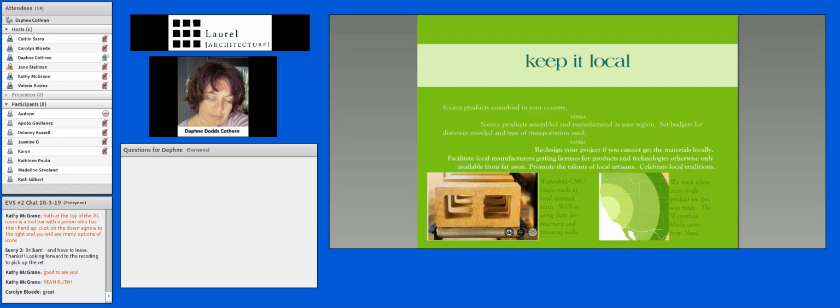One of the other really important aspects of using a certification like the Living Building Challenge is the mandate to keep it local. And keeping materials local has three important effects. Firstly, the money stays within the local economy. Second, there are much lessened transportation emissions as a result.